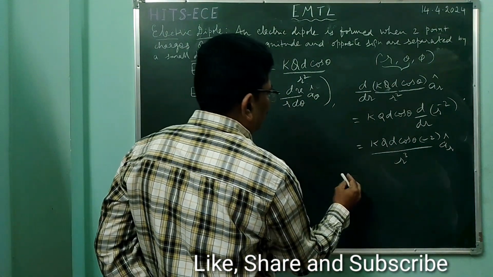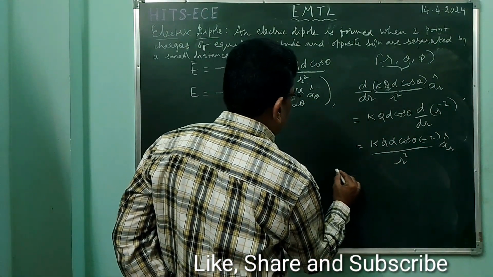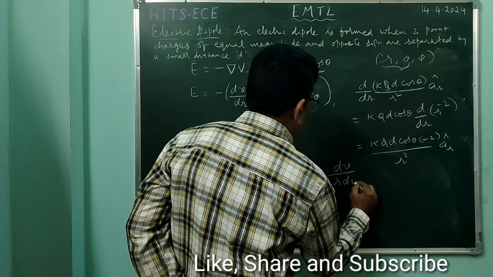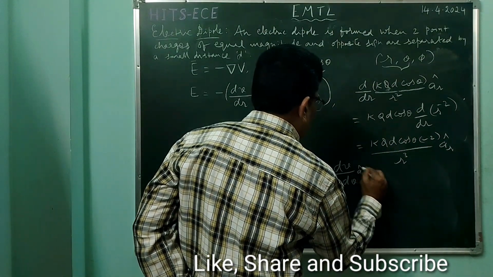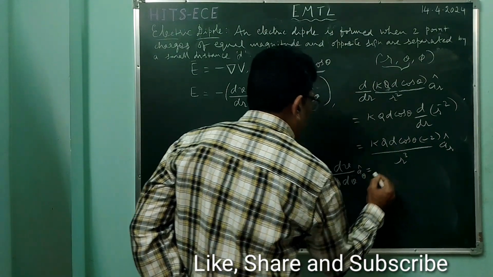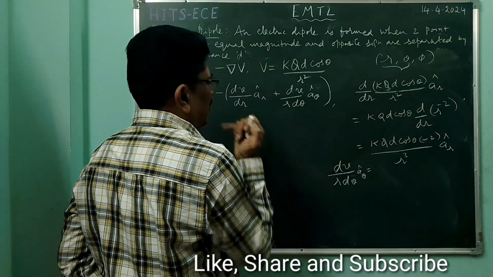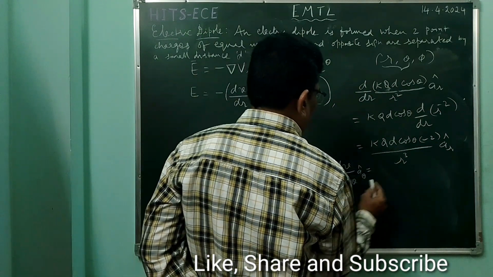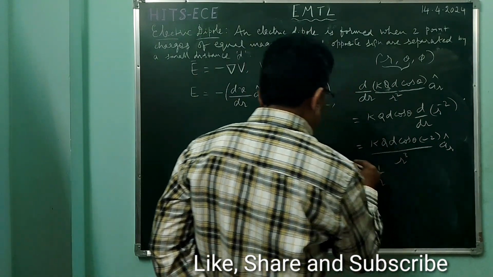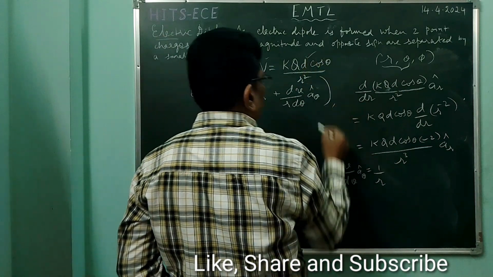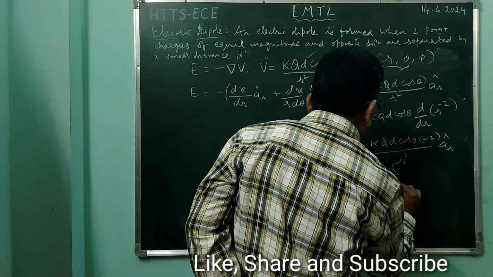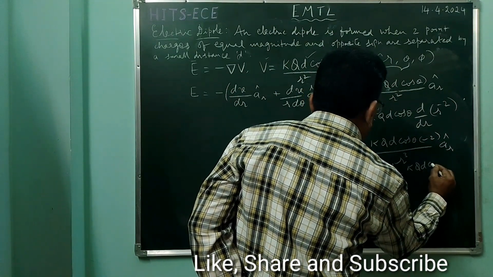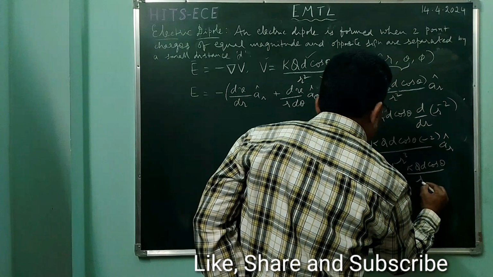Then the second term, dV by r into d theta into a theta cap. Here I have to differentiate with respect to theta. So I will take out 1 by r common, into d by d theta of K QD cos theta by r square.